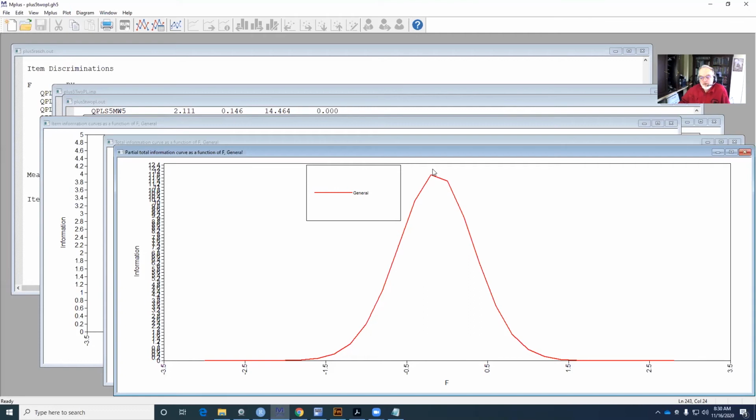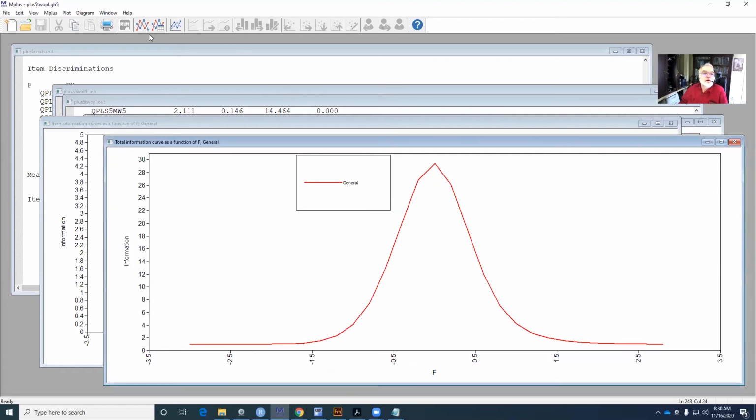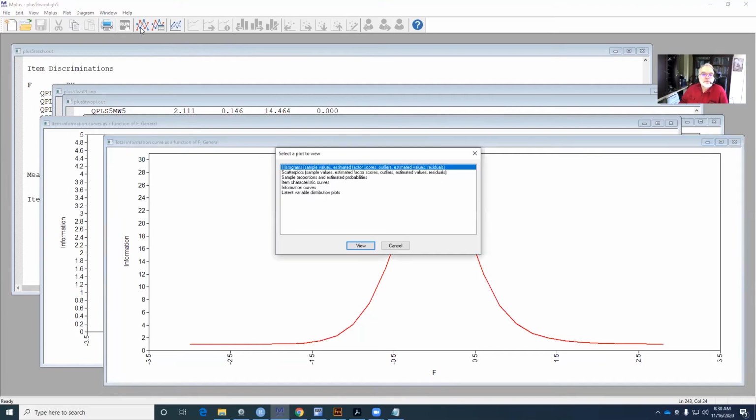So if you're playing around with doing diagnosis or trying to identify what subset of items are telling you about where on the latent distribution you're at, those partial functions can be useful to you. Any other questions about that?